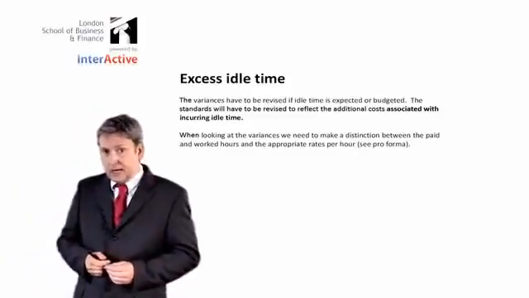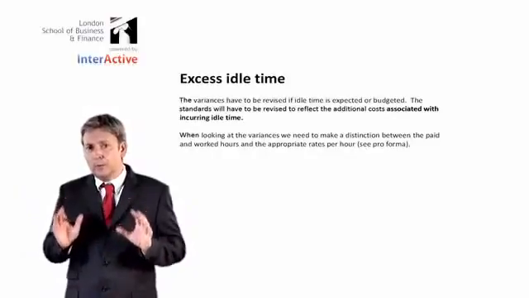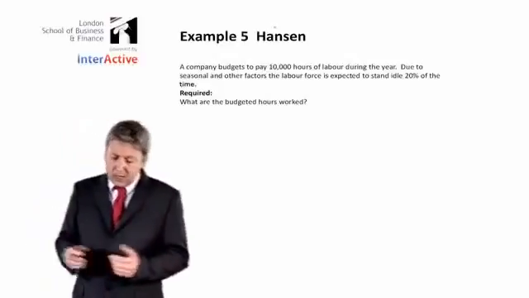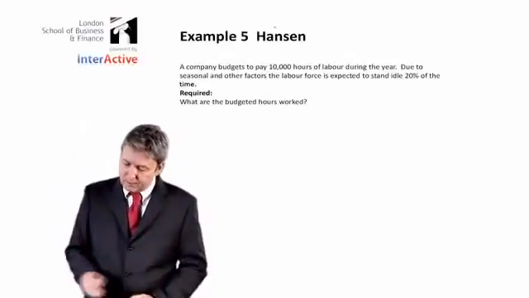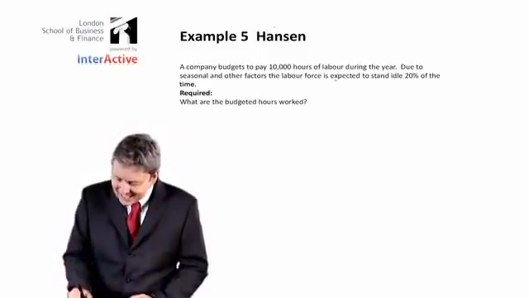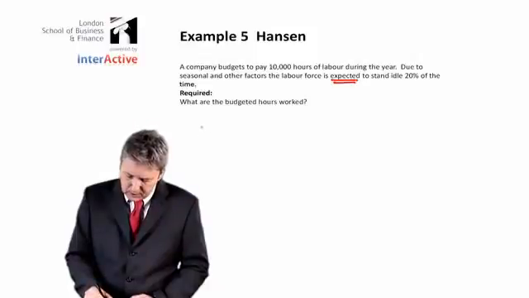Now, if this is the case, we have to be a little bit more careful about how we play with things. So let's look at a simple example. A company budgets to pay 10,000 hours of labour during the year. Due to seasonal and other factors, it is expected, budgeted, to stand idle 20% of the time.